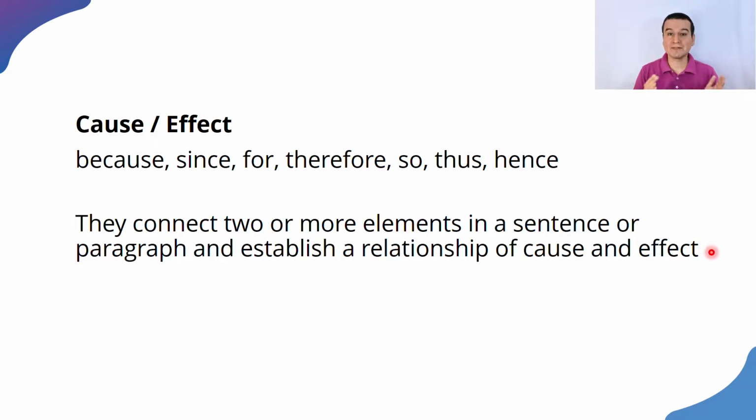A paragraph may have several sentences. And the presence of these connectors, that we also call them, establish a relationship of cause and effect. We have to read the text carefully. We need to read the sentence and understand it so that we can identify of these elements that are joined here, which is the cause and which is the effect.